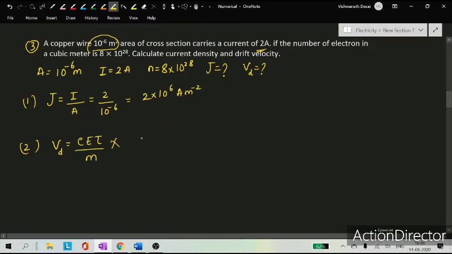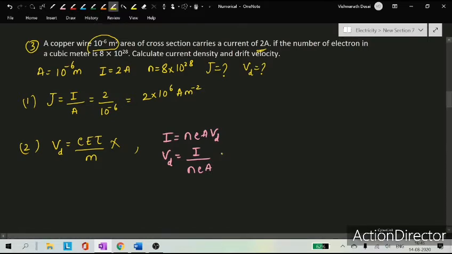So it is better to use one more formula: I is equal to NEAVd. From this also you can calculate Vd. So the drift velocity Vd is equal to I divided by NEA.